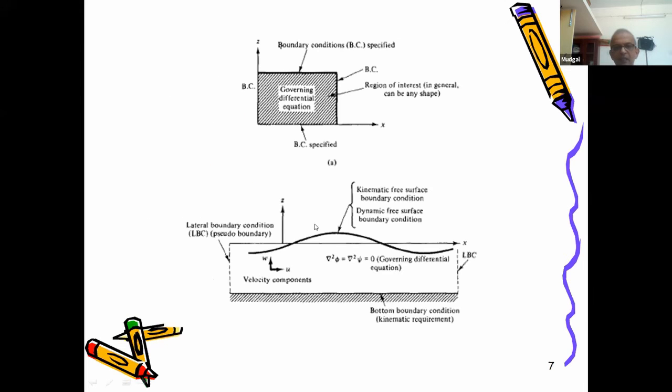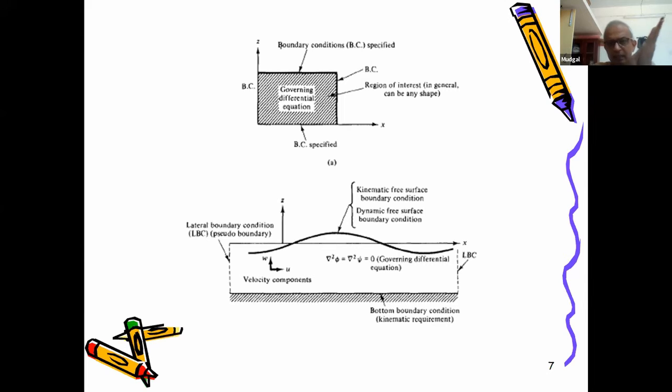Okay. Now here, this is the problem that you have: the governing differential equation. So what is the governing differential equation? It is del square phi equal to 0, which means del square phi by del x square plus del square phi by del z square is equal to 0 is what you're trying to solve.